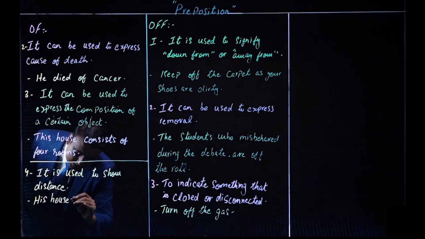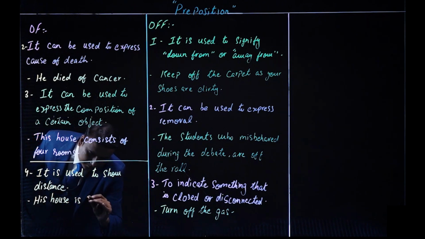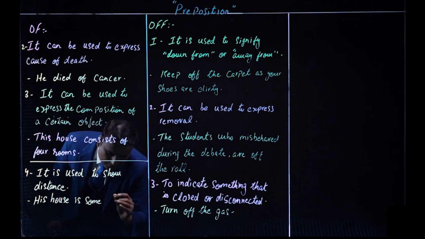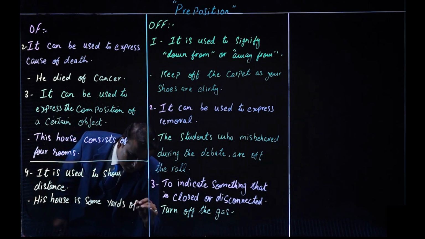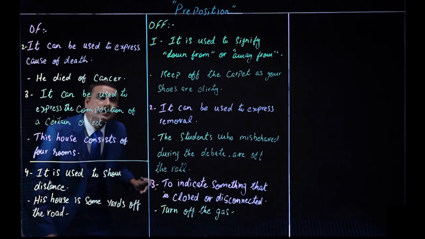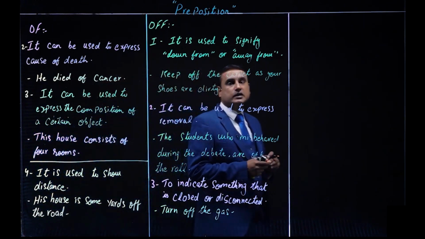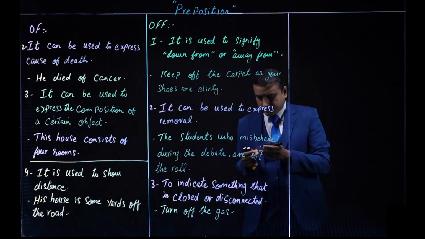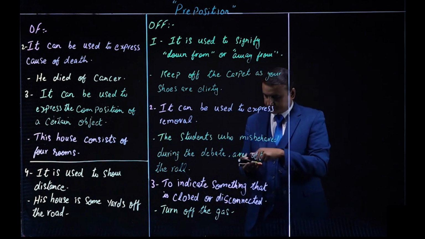His house is some yards off the road, कि उसका घर जो है वो सड़क से चंद गज हट के. So in that manner we can also use off.